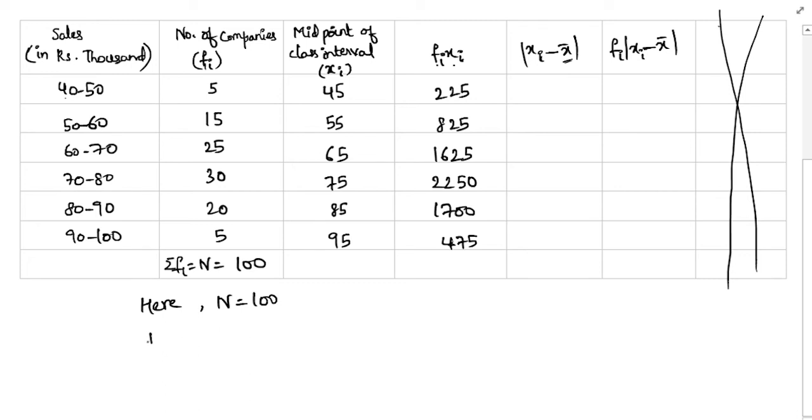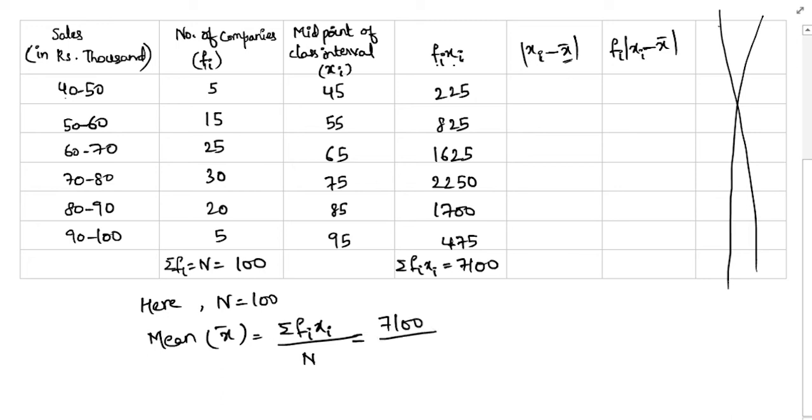That means the mean, x bar, is equal to summation of fi xi divided by n. So we have to find the summation of fi xi also, which is equal to 7100. So here we get 7100 divided by n, 100.